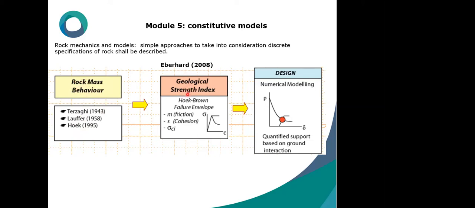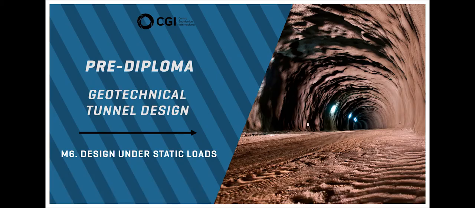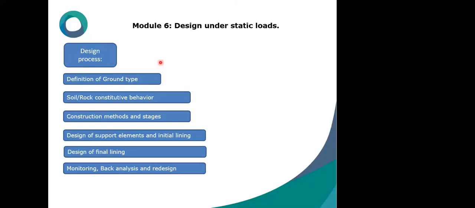And the geological strength index can then be achieved from the Hoek-Brown failure envelope with these two parameters. And the design with numerical modeling will then come. We got to module 6, design under static loads.